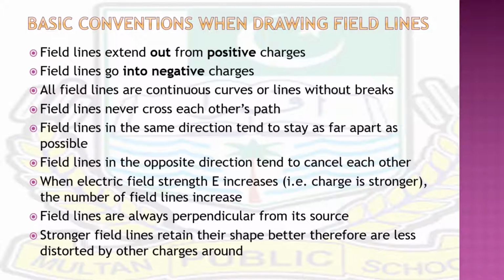And when electric field strength E increases, that is, the charge is stronger, the number of field lines increases. Field lines are always perpendicular from their source, and stronger field lines retain their shape better, therefore are less distorted by other charges around.